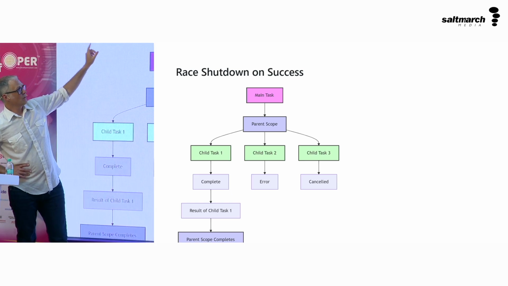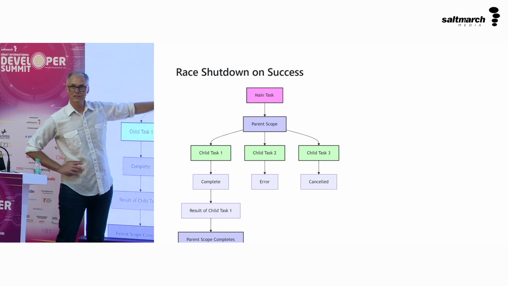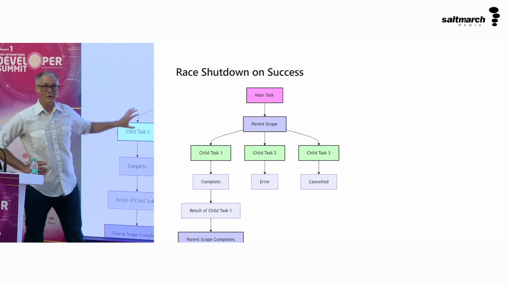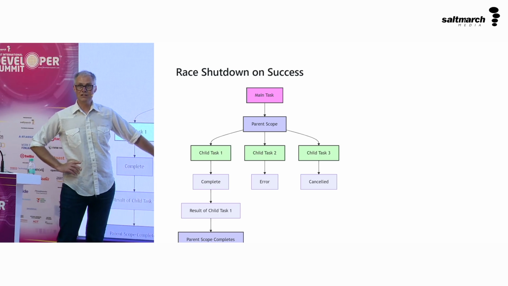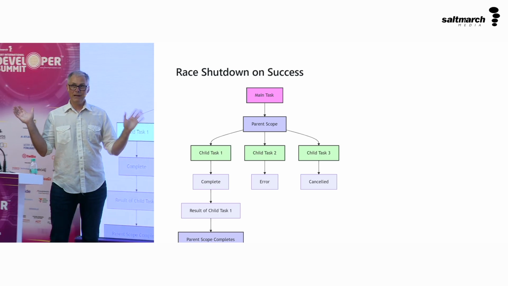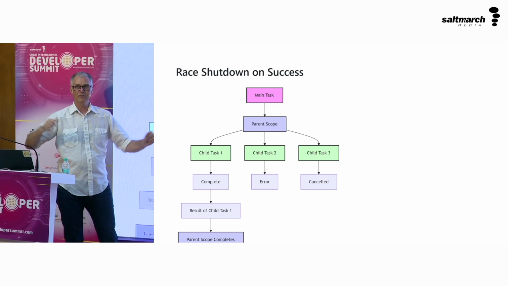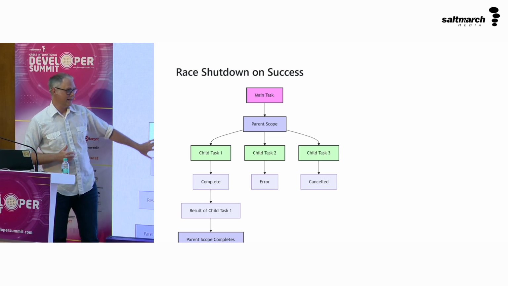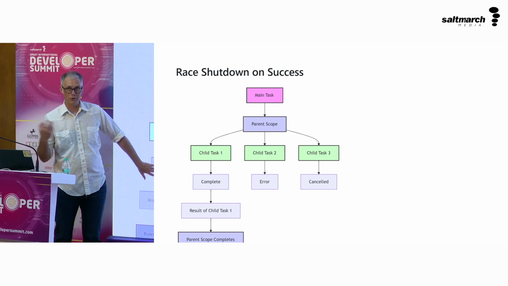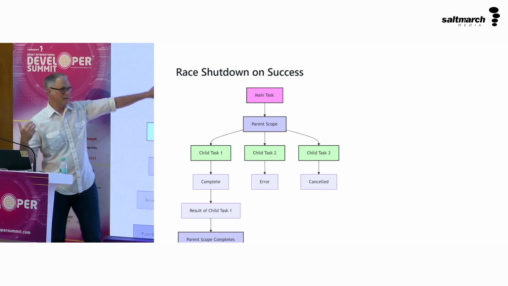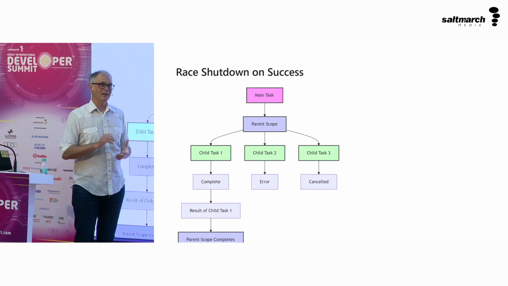This one is where we say shut down on success. What that means is that our parent scope will complete once we get to a success. So this error is just considered a loser in the race. Our horse fell over, it didn't reach the finish line, but the race is still going, right? We're still going to wait until one of these children completes with an actual result before we complete the parent scope. So that's shut down on success.